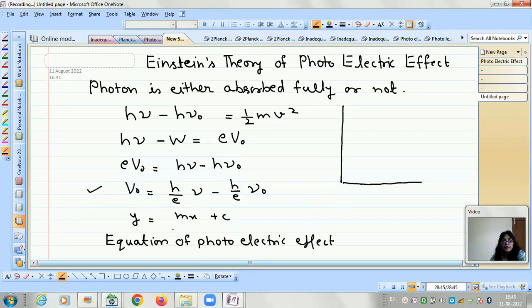So here if we put stopping potential on the y-axis and nu on the x-axis, then using this equation, which represents the equation of a straight line, we have a straight line. So this is the straight line curve which we get from this photoelectric equation of the Einstein theory.